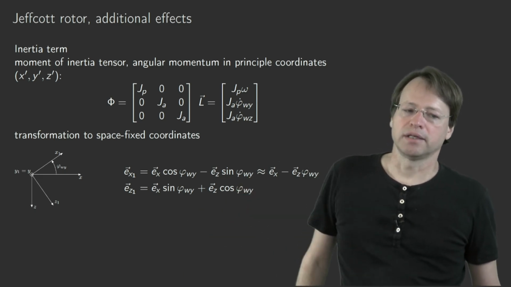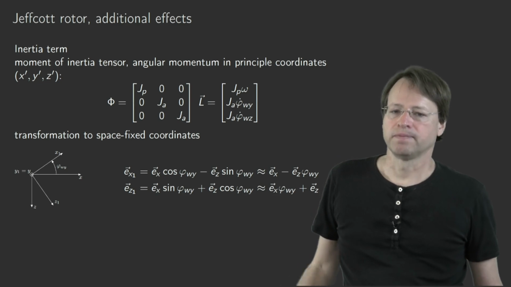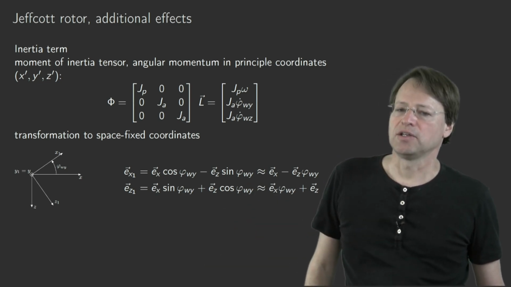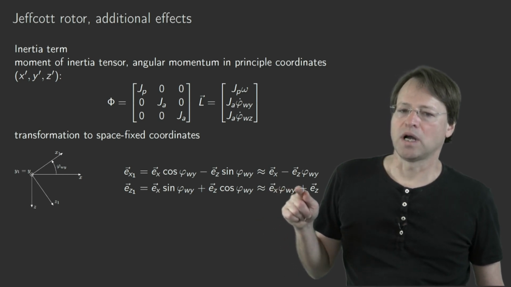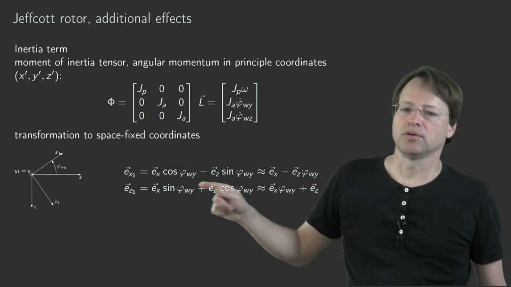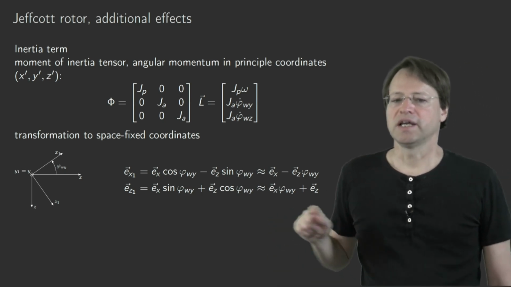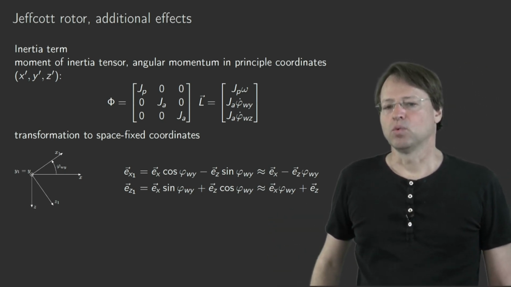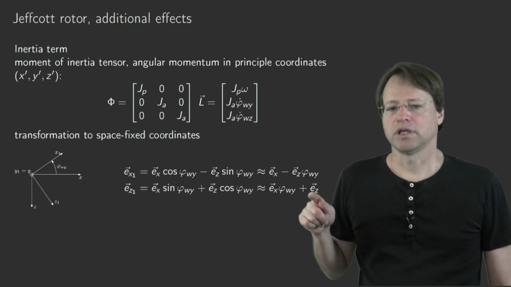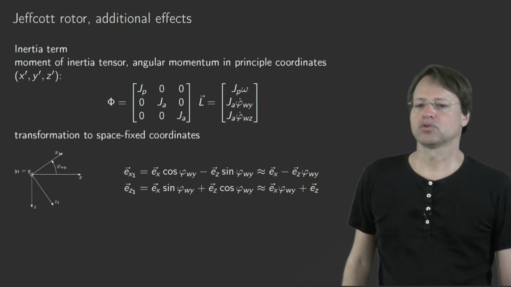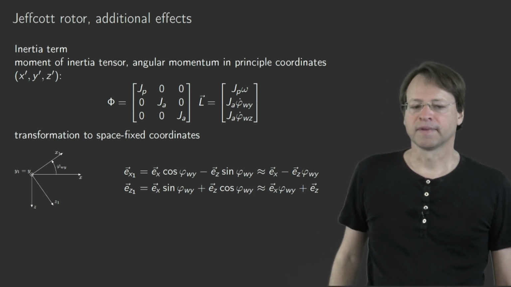And now again we linearize that relationship for small inclination angles phi y. So you can see that you replace again the sine function by the argument, so Ex times phi sub y, and then it's just Ez because the cosine is close to 1.